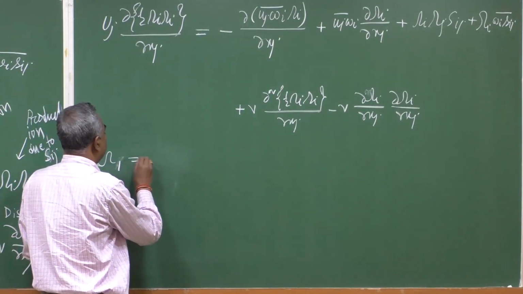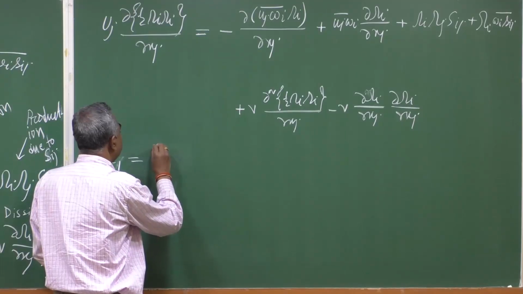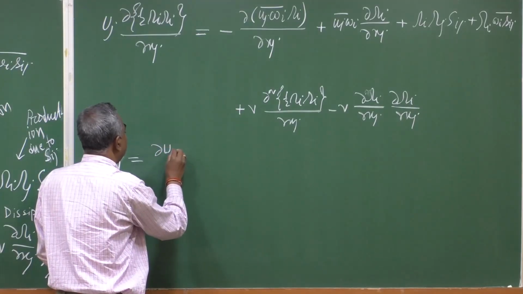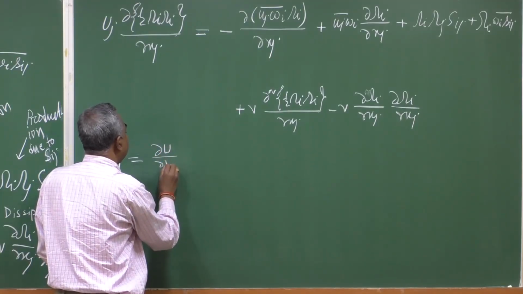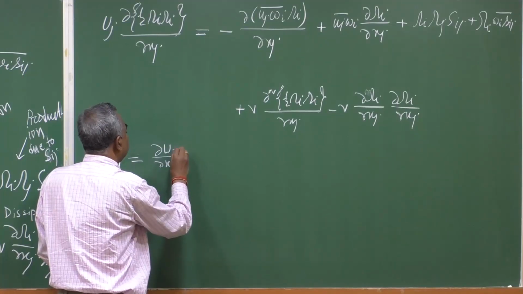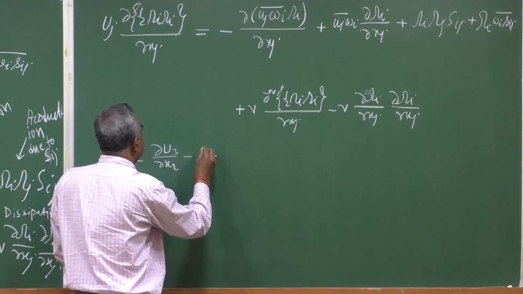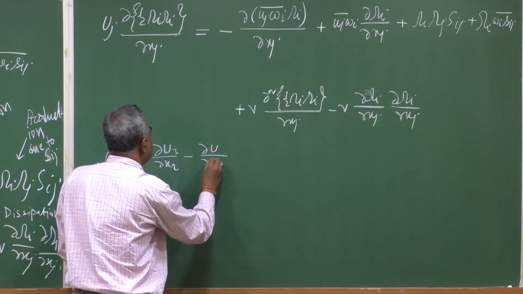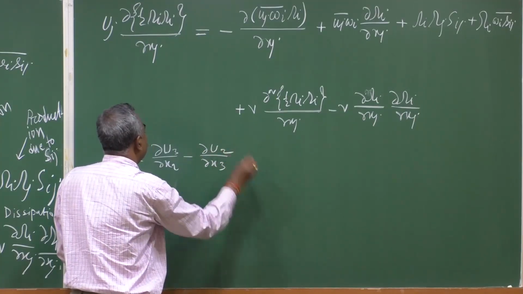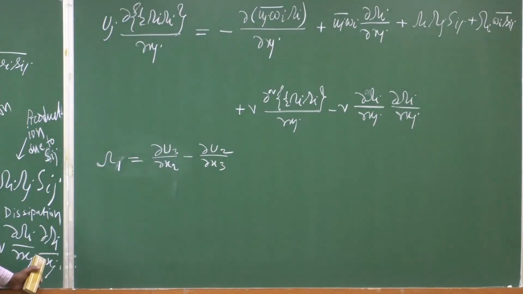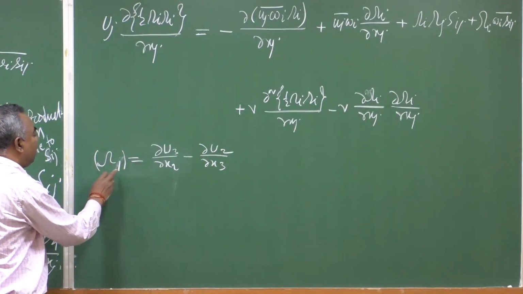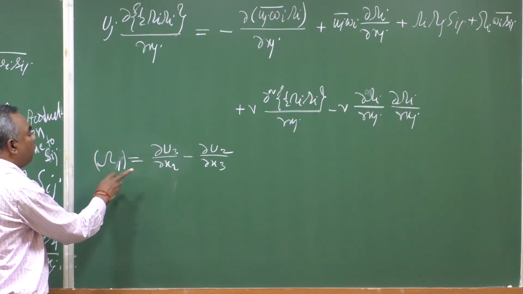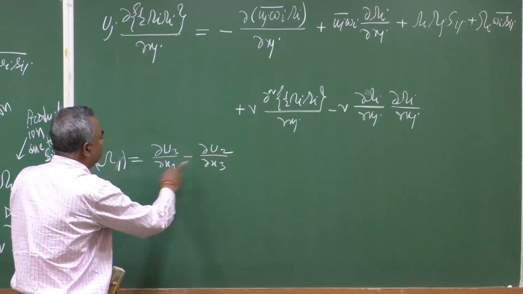Let us say this is 1, then this is going to be del x 2 3, then del 3 2. Okay. So, basically this omega 1, 2 or 3, they are the gradient of mean velocity.